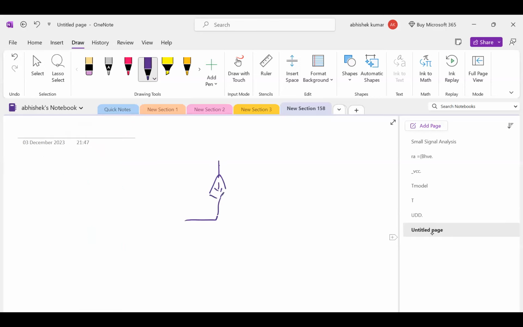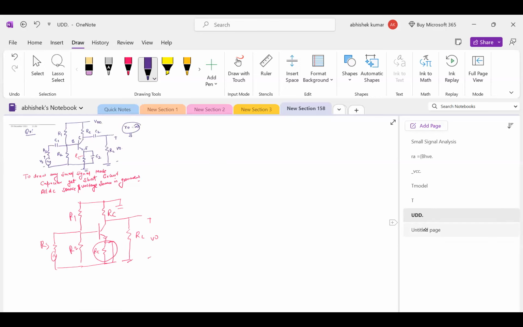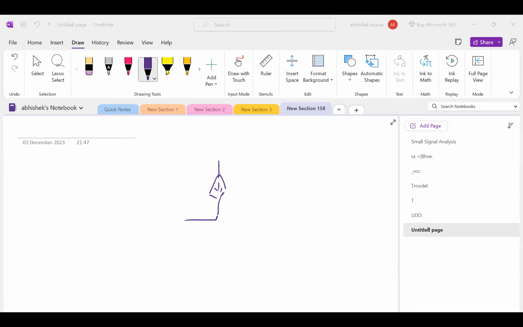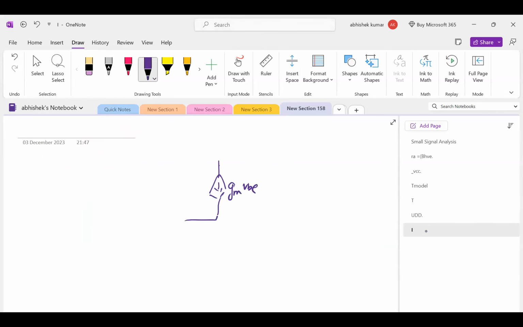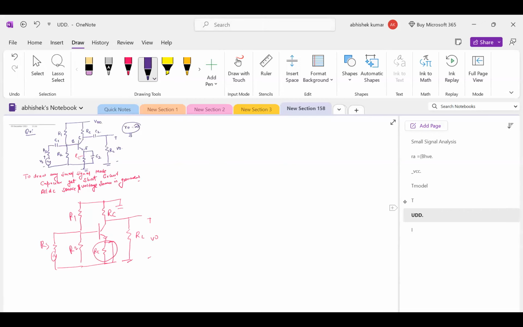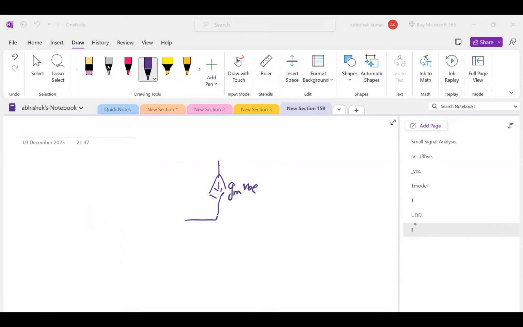Okay. So you can see this is your VBE, right? GMVBE, right? And this is R1 and R2. This is R pi, right?